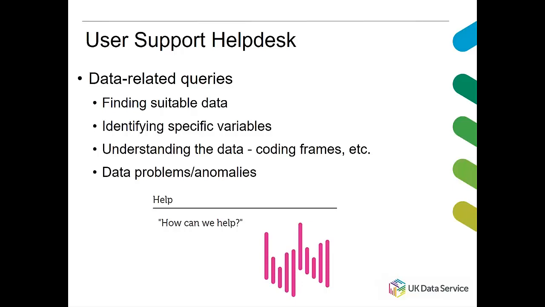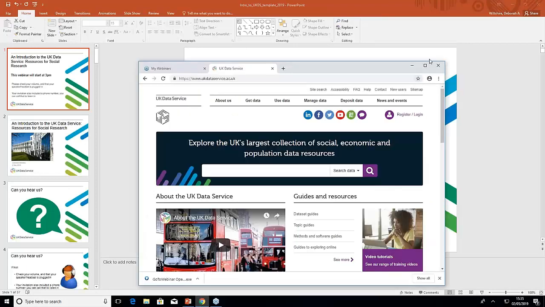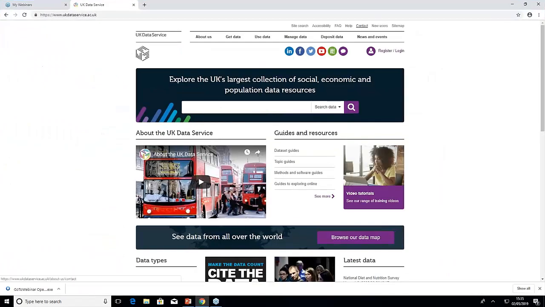Now, to get in touch with us, you just need to click on the help option at the top of the screen where we looked the first time. But I'm just going to get our website up now and just remind you where that option is. So it's up here, and it just says help. Okay, and that will bring you up a list of different options, and you just need to select the one that's most appropriate.